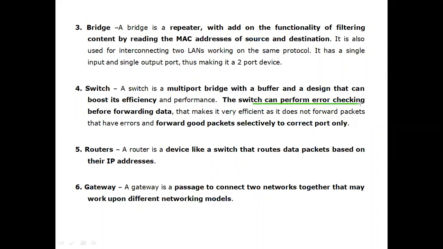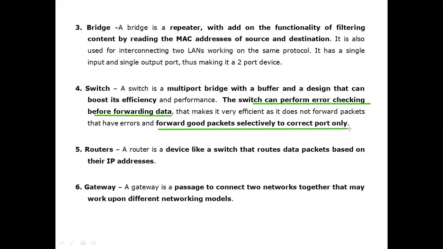And obviously it makes it very efficient as it does not forward packets if they have an error. So when there is an error within the packet, it will not forward the packet to the destination point. It only forwards the good packet selectively to the correct port only. Means only the destination point gets the packet.